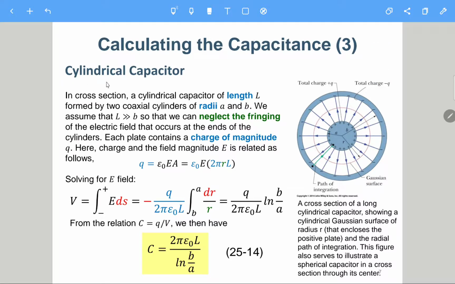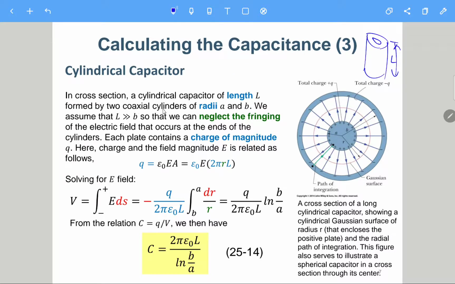So here is the cylindrical capacitor, and here is the cross section. We will have the shell and then the inner coaxial cylinder. So a cylindrical capacitor of length L: this is a cylinder, this is L, and this shows only the cross section.